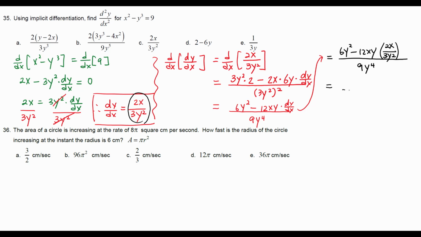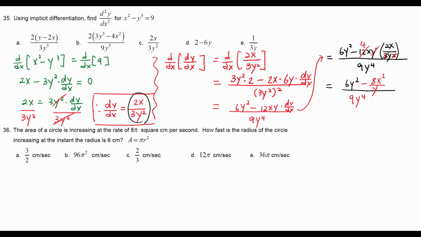So then when you simplify, I get 6y squared, and 3 and 12 cancel, and one of the y's gets canceled. So what I have is minus 4 times 2 is 8, x times x is x squared, over, I still have 1 y in the denominator, over 9y to the fourth power.